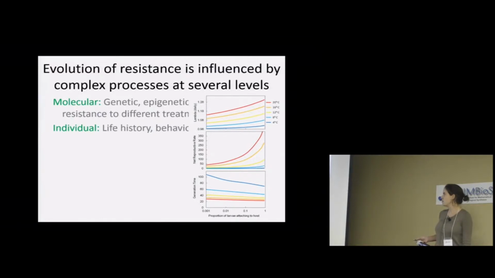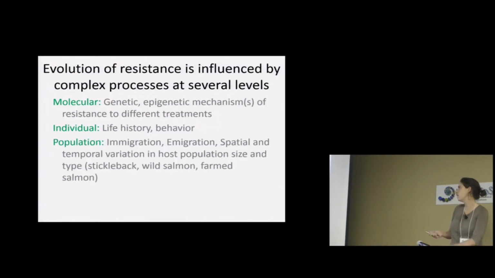So at 4 degrees, we have over 100 days of generation time, and it's about 25 at 20 degrees. So a 4-fold decrease. So that's really important to take into account when we think about the life history and the evolution of resistance.